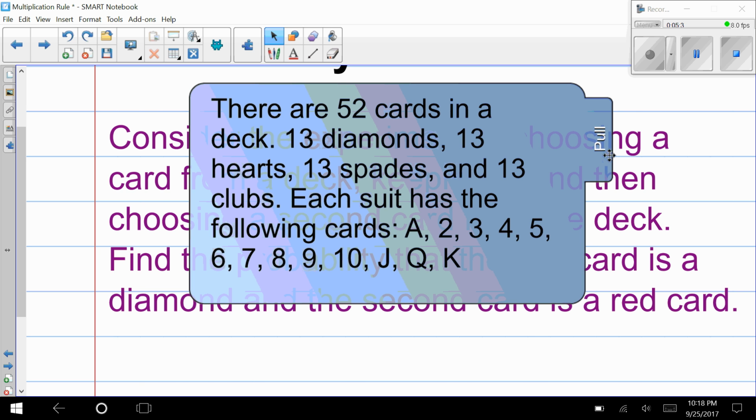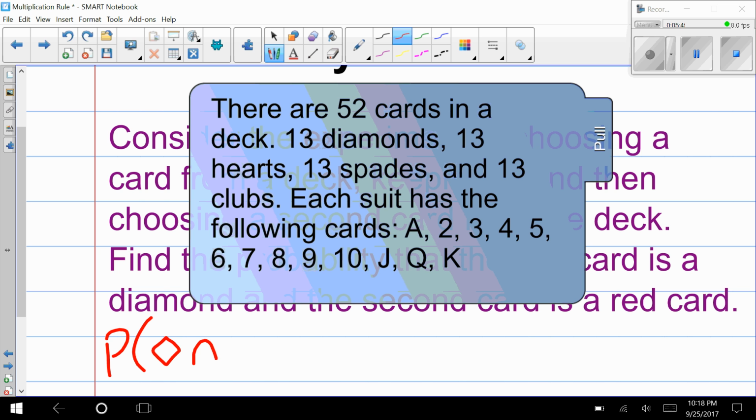Each suit has an ace, 2, 3, 4, 5, 6, 7, 8, 9, 10, jack, queen, king. The diamonds and the hearts are red, the spades and the clubs are black. So that means there are 26 red cards, 26 black cards. You want to find the probability of a diamond and then a red card. So try that.